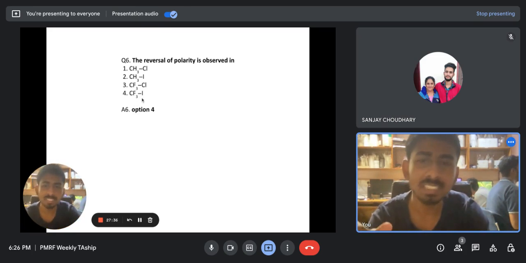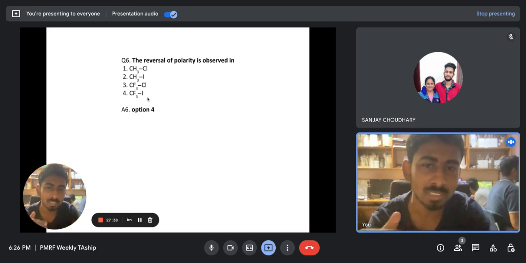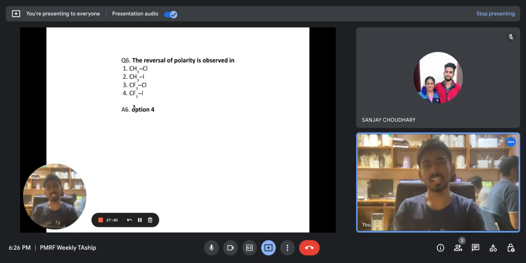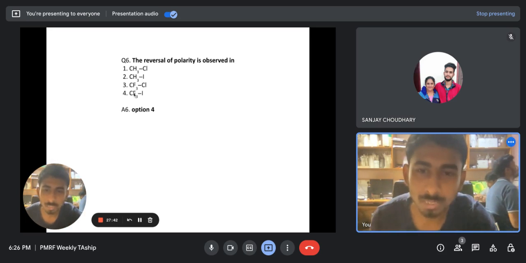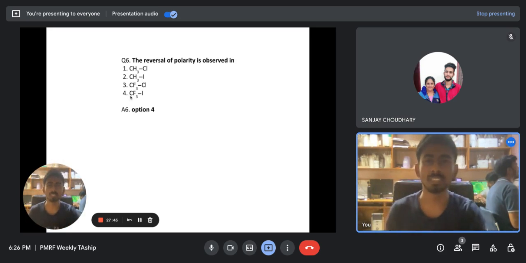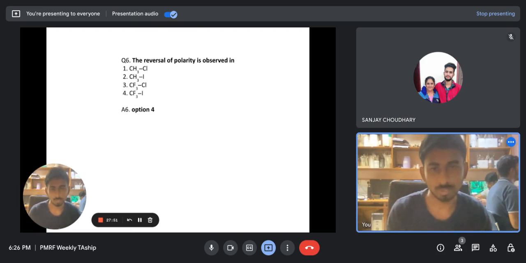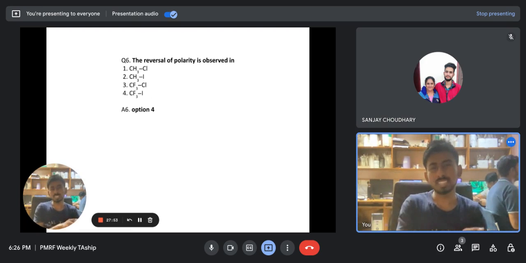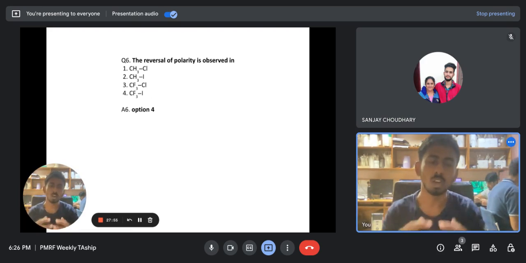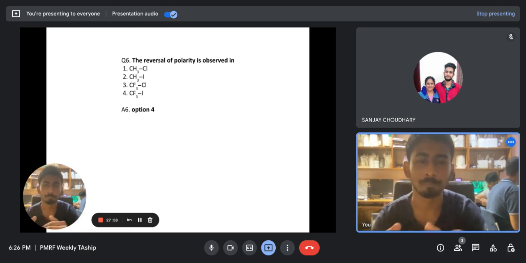But in case of CF3I, the iodine is electropositive and CF3 acts as the electronegative element. That's why the CF3 carbon behaves as a delta minus unit, and iodine behaves as a delta plus unit. So in case of CF3I, the reversal of polarity, or umpolung, comes into the picture.